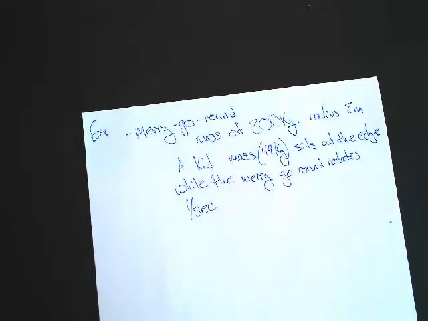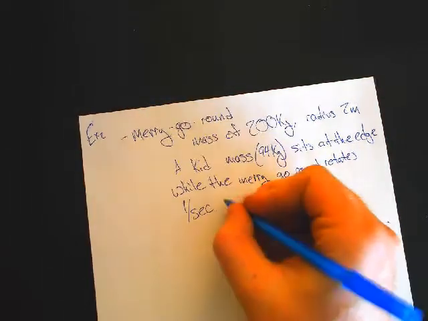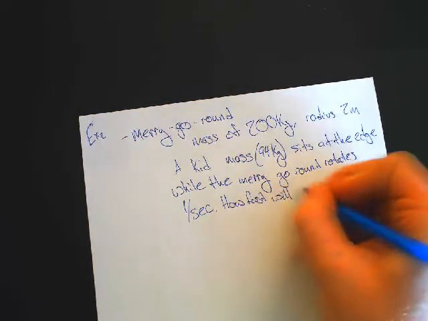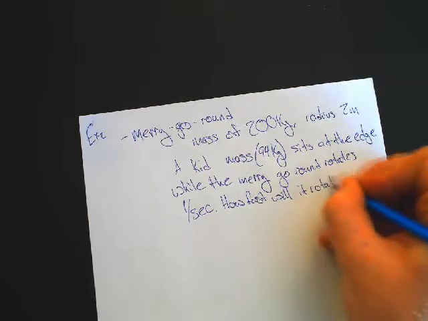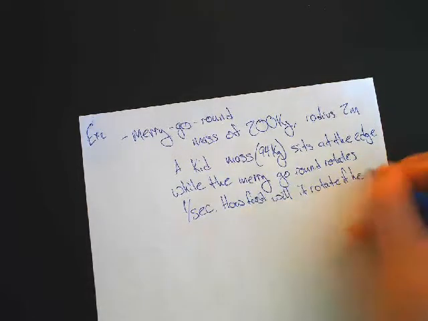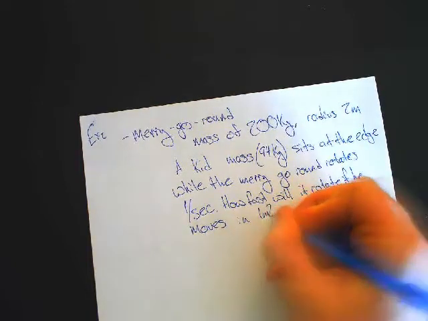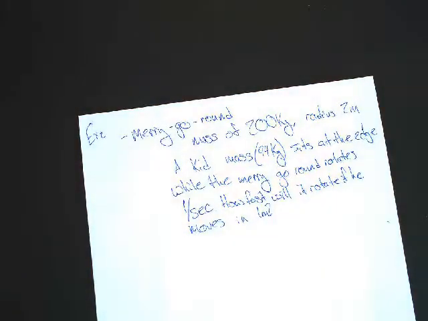How fast will the merry-go-round now move if the kid walks in 1 meter? Any guesses before we do the math?